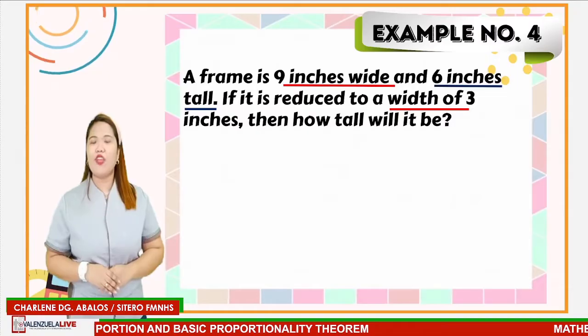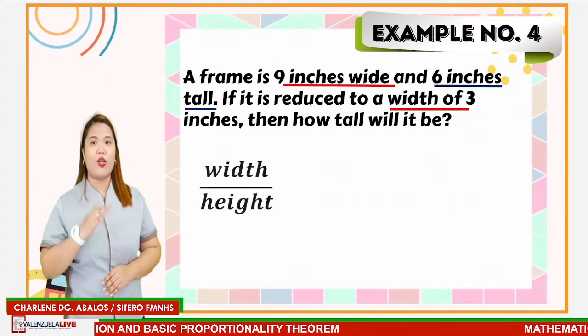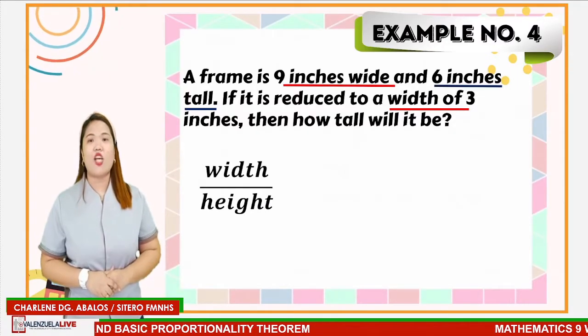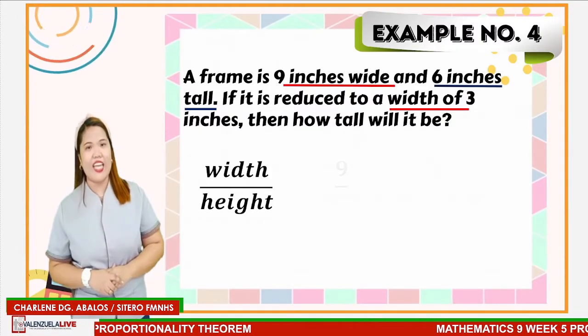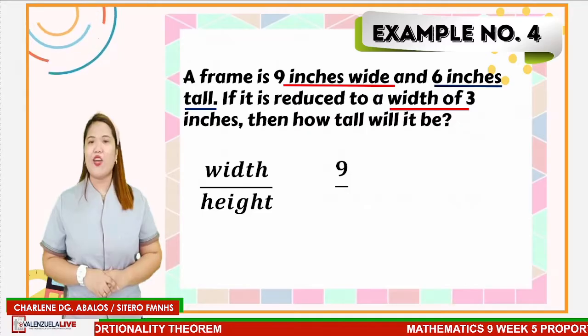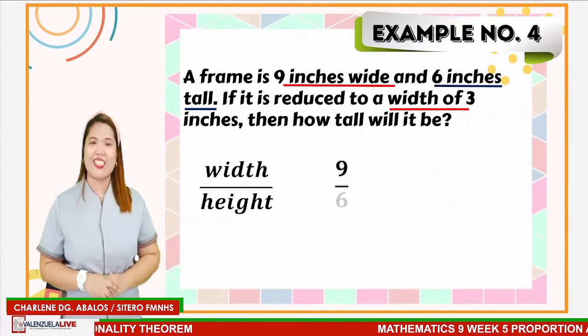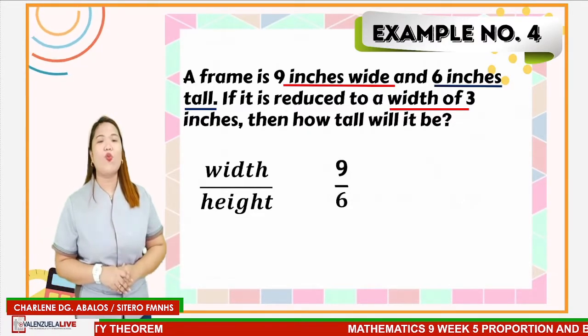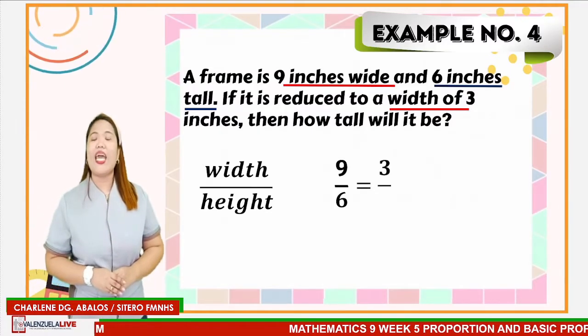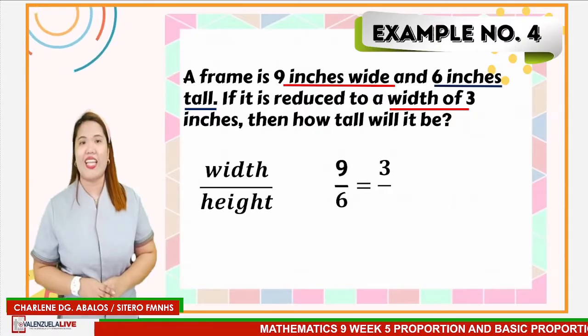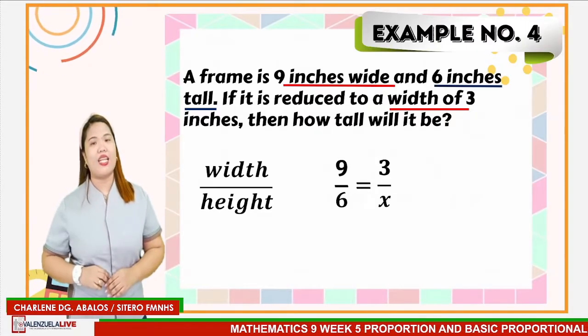Therefore, we can have the ratio of width over height. Substitute the given. So the first width is 9. Then the first height is 6. The second width is 3. And the missing term is the second height, which can be represented as x.